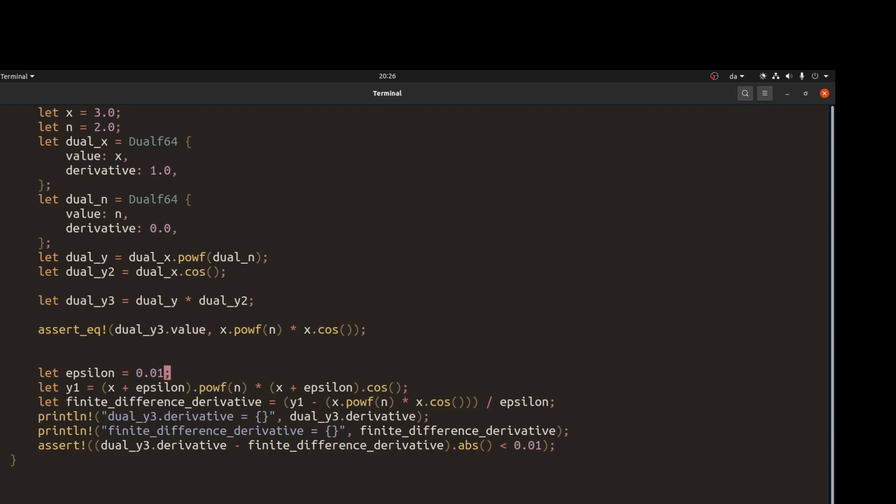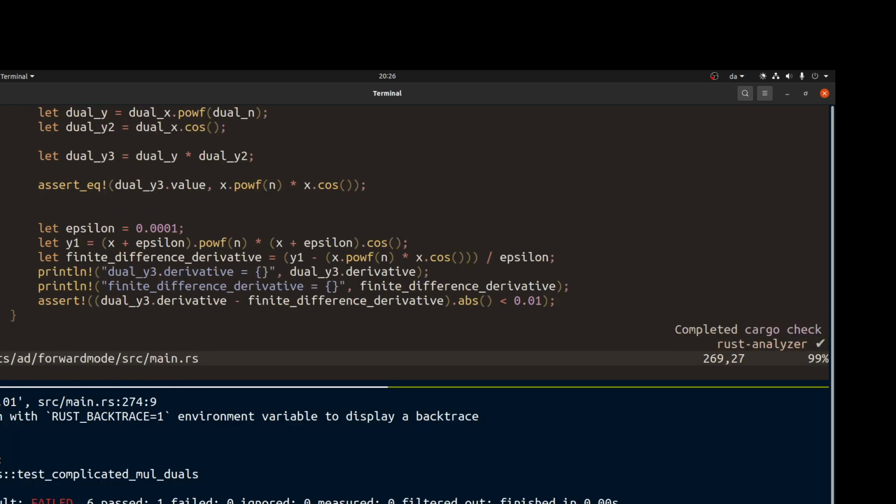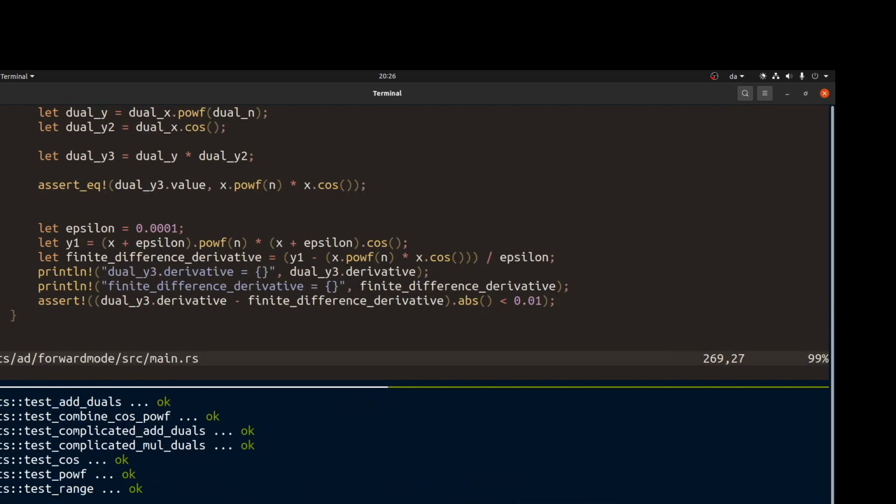And that's the problem. And now it passes.